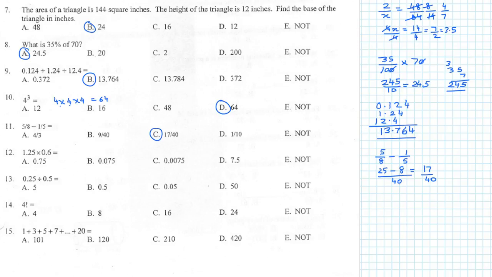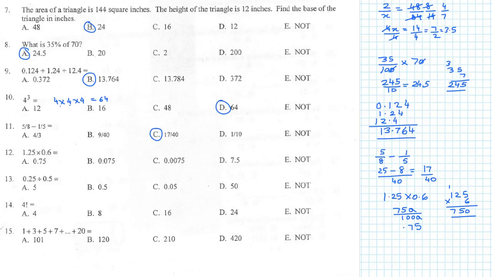Question number 12. What is the product of 1.25 and 0.6? So 1.25 times 0.6. So we can basically multiply 125 with 6 and divide the answer by 1000. So this is 750, and then we have 750 divided by 1000, which is nothing but 0.75.